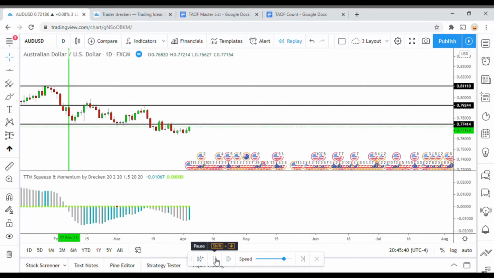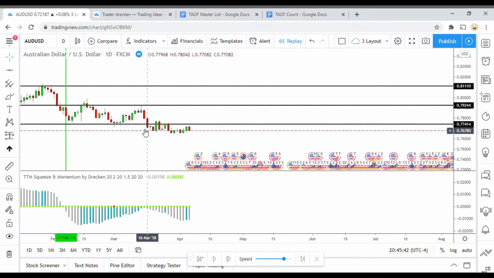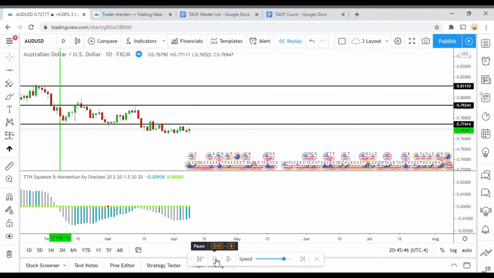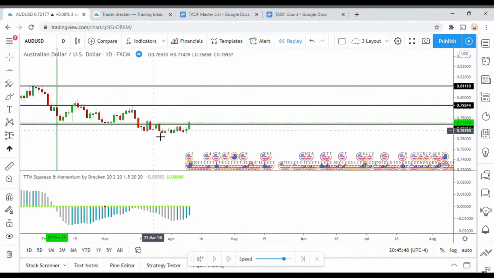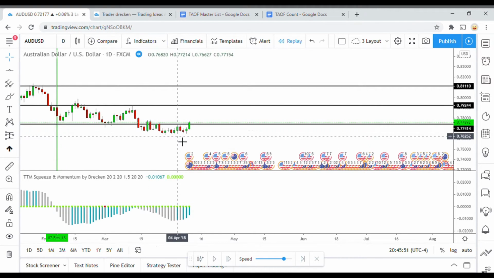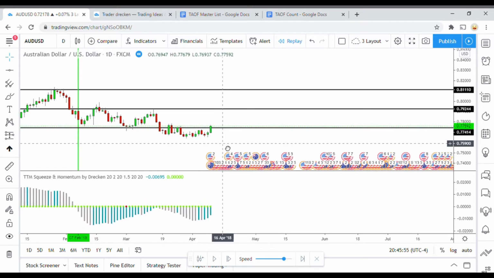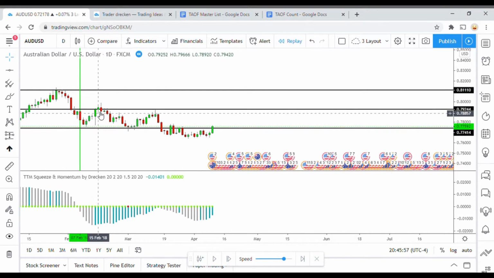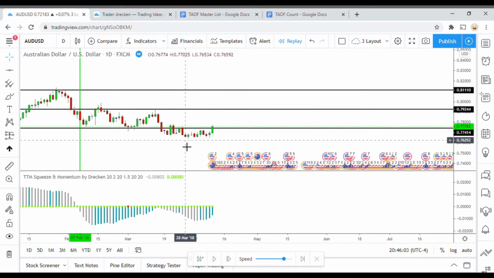So see, it keeps really trying to push down. Those sellers keep trying to push it, but it just can't quite make it. They push it down a little bit and then shove it back up. Push it down a little bit, shove it back up. Even though I wouldn't consider these to be real cycles, these are almost mini micro trends forming here.